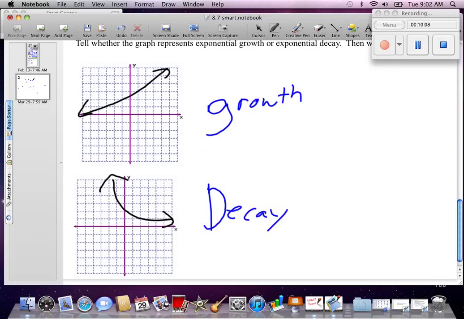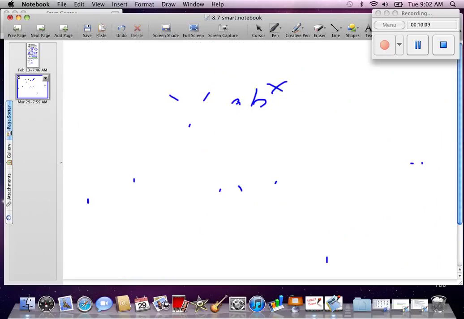All right, let's go ahead and look at our story problem. Okay, our story problem says you bought a car for $16,000. You expect the car to lose value, depreciated at 12% per year. Write an exponential decay model to represent this situation, then use the model to find the value of the car after 8 years.